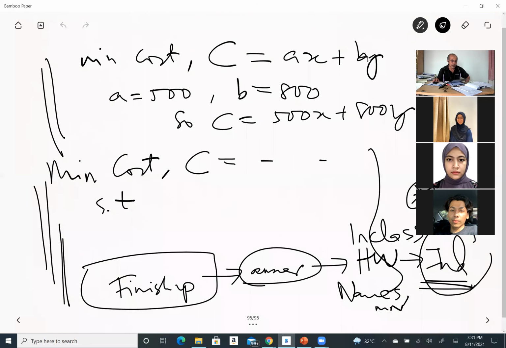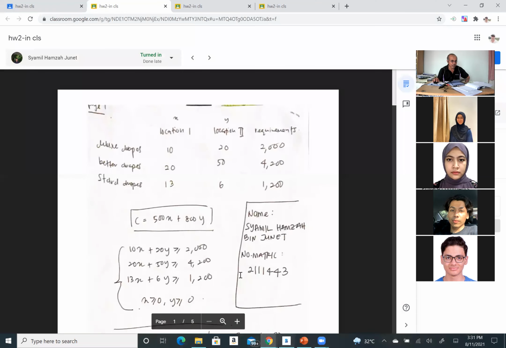Cost is AX plus BY, and it's given A is 500, B is 800. Then you come up with 500X plus 800Y. Most of you just came up with the cost right away. So how did you do that? And then you have the inequalities.